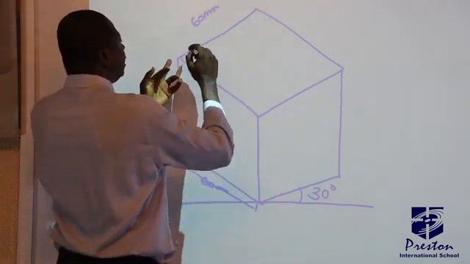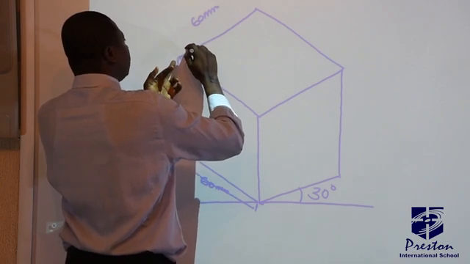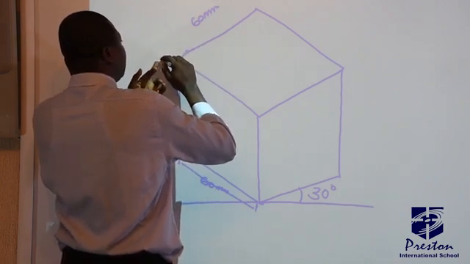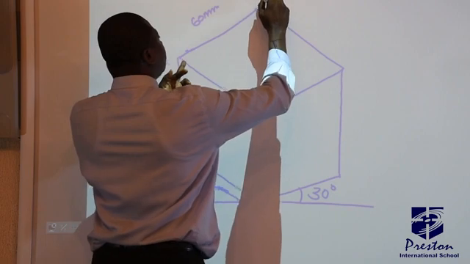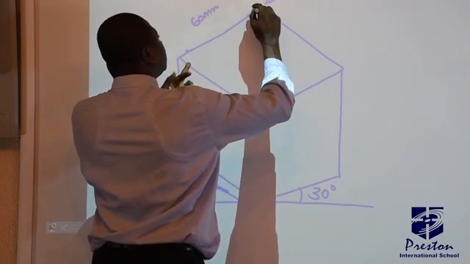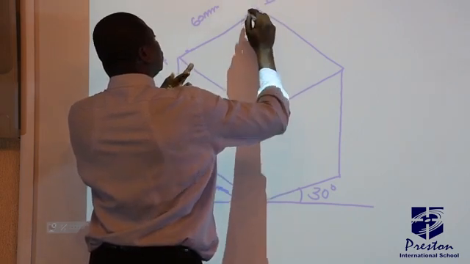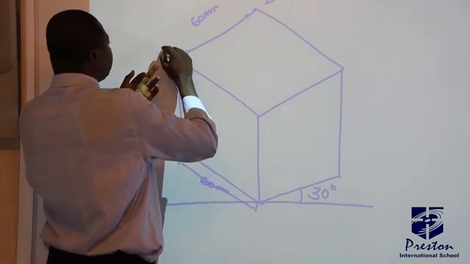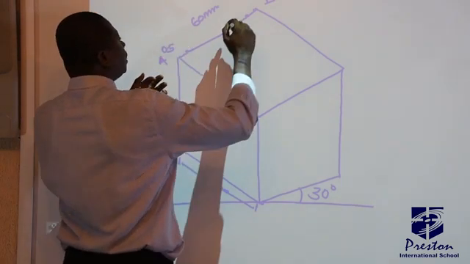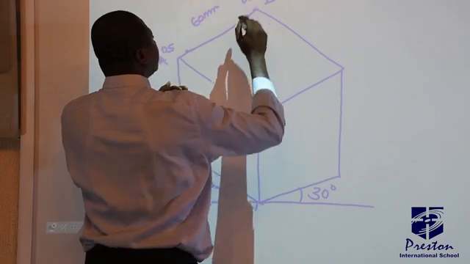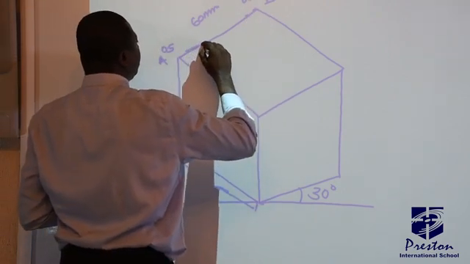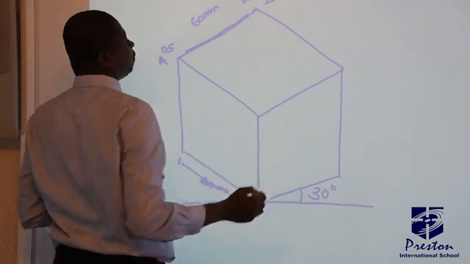Then you take 5 mm from end A, and from end B another 5 mm, so you have taken 5 mm here and 5 mm here, making this place 50 mm.